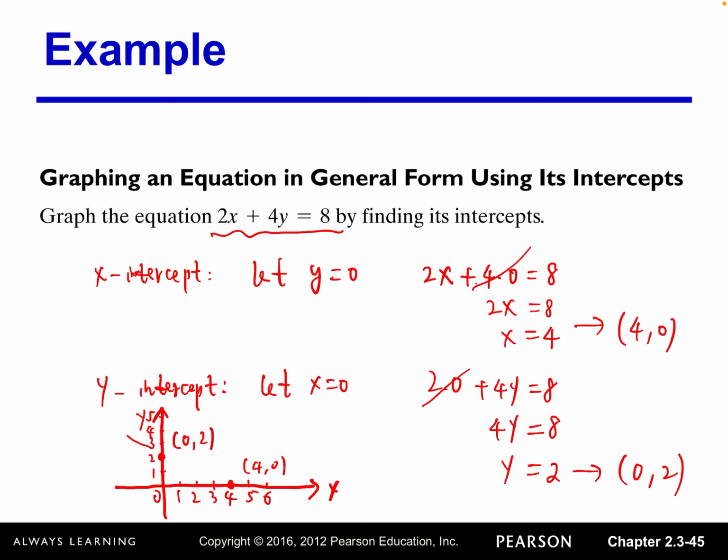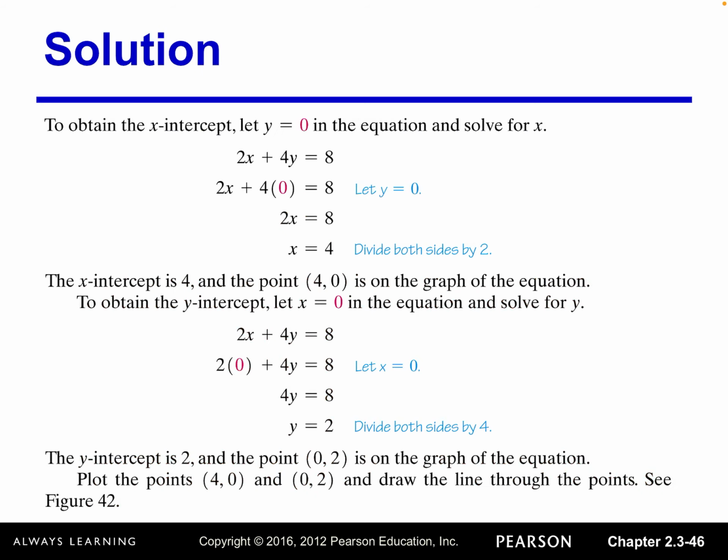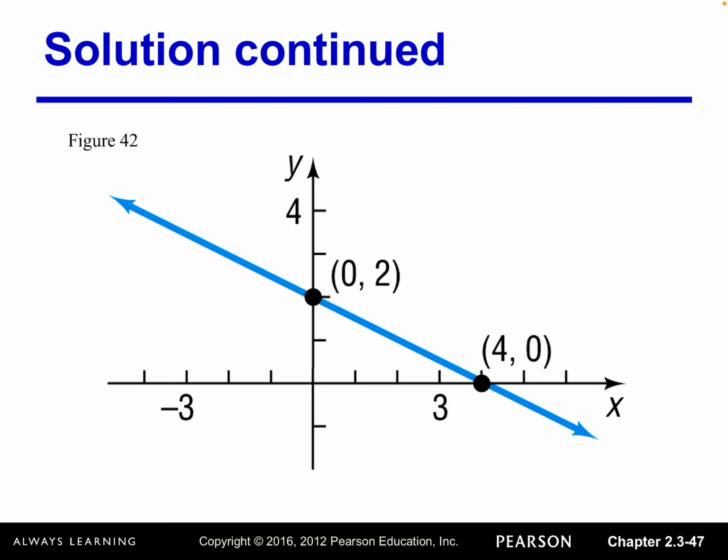And then use a straight line to connect these 2 points. That's how we graph the linear equation 2x plus 4y equals 8. And then you can check the process. This is a decent graph.